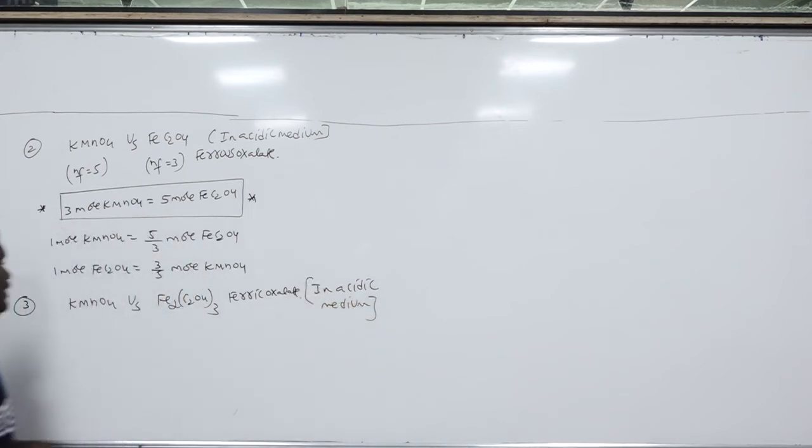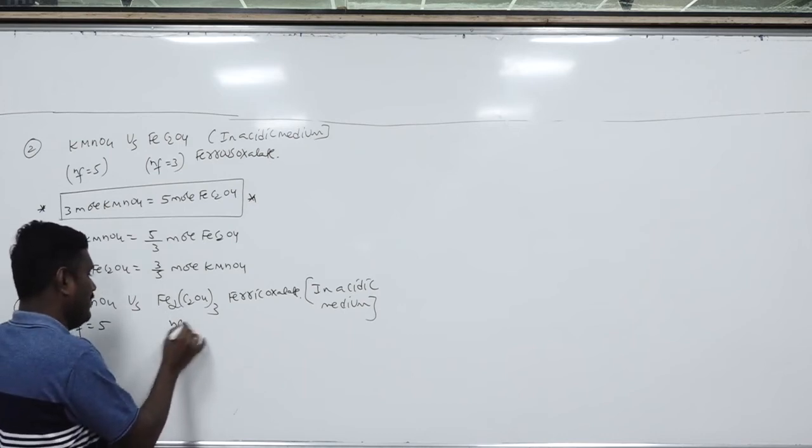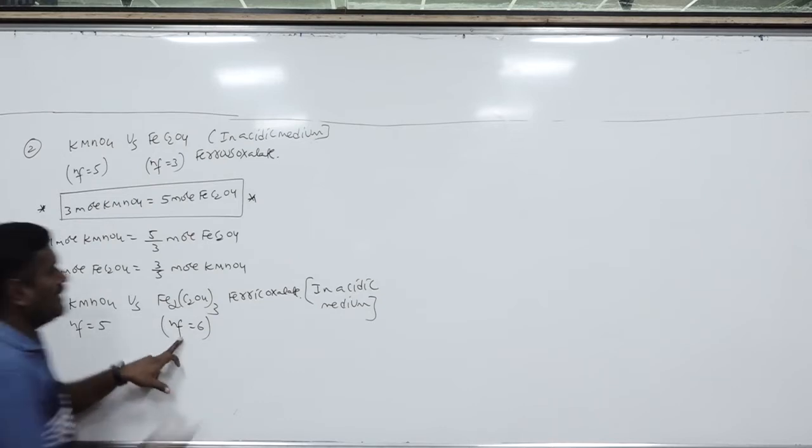Redox titration. Now, what is the n factor for KMnO4? Again, 5. Now for ferric oxalate, the n factor will be 6. How will the n factor be 6?